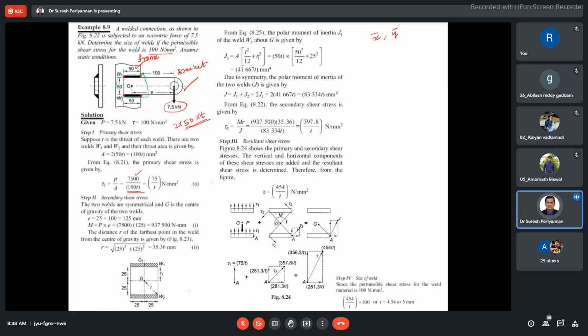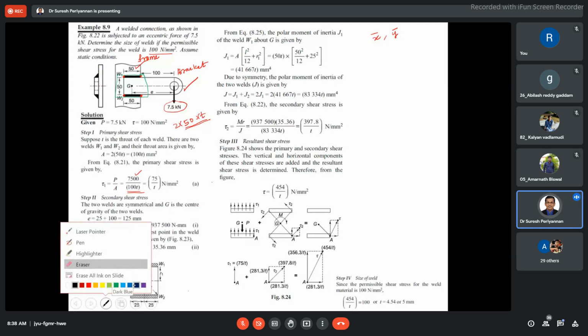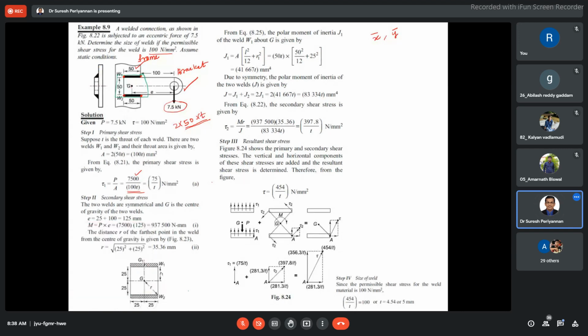Now in this case, my center of gravity is here, so x bar is equal to 25, y bar is equal to 25. Then what is the eccentric distance? 25 plus 100, 125. Now what is the moment here? P into T. This is P into T.